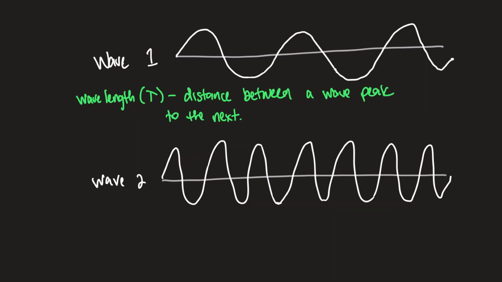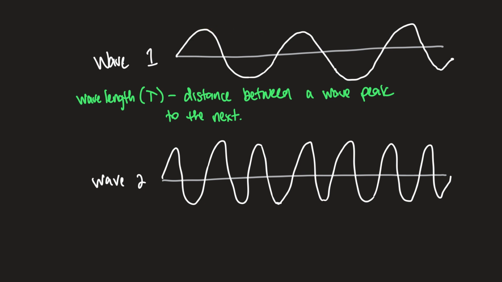All right, so when we're talking about waves, let's compare wave one with wave number two. Here is wave one. Here we've got wave number two. Now, when we're talking about wavelength, remember wavelength is the distance from a wave peak to the next wave peak, or the distance from a wave trough to the next wave trough.